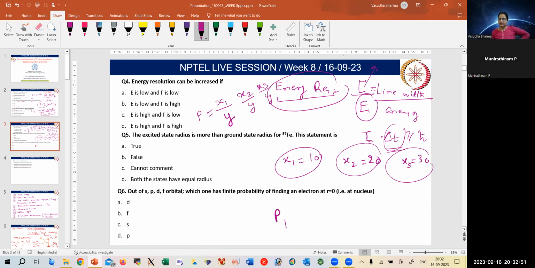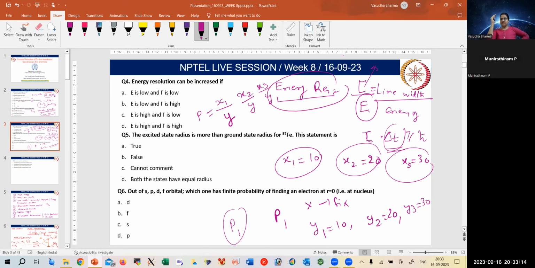Similarly, now if I fix the X value, and Y1 is 10, Y2 is 20, Y3 is 30, now you tell me P would be more in which case? Y3. See it again. Now y is the denominator.